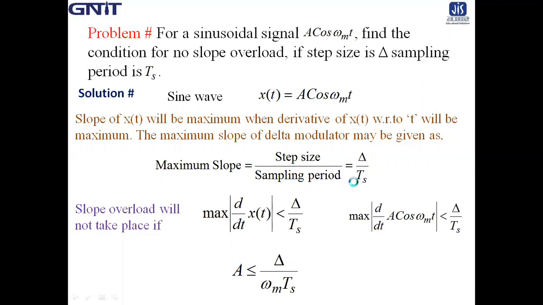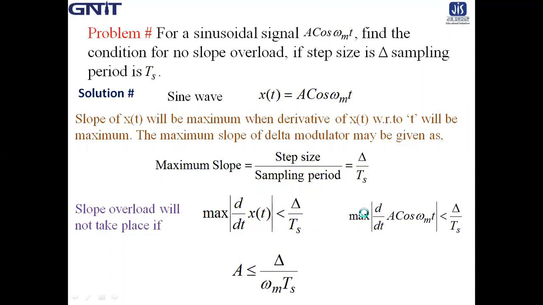So we know that slope overload distortion will not take place if the slope of the sine wave is less than the slope of the delta modulator. That means the maximum of d/dt x(t), that is the maximum slope of the sine wave, will be less than the slope of the delta modulator, that is delta by Ts.